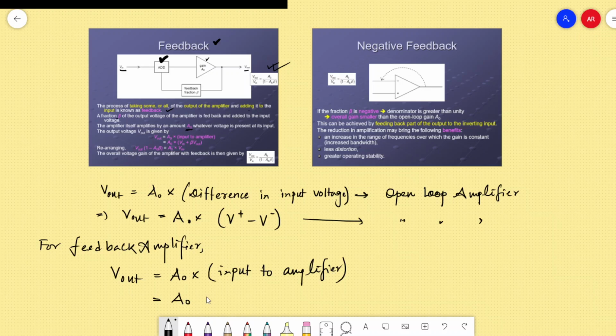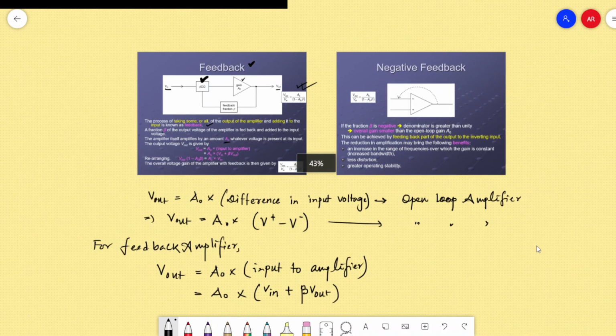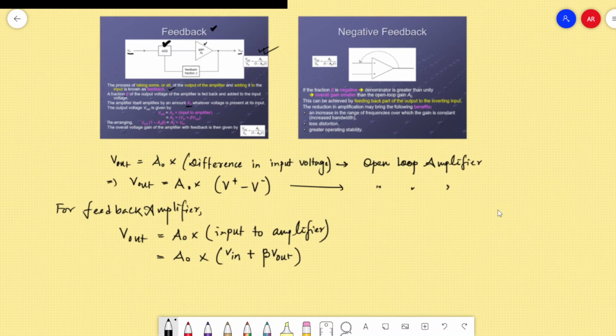Now, A naught is the gain, and the total input is the input itself plus any fraction of the output voltage. The fraction of the output voltage is denoted by beta, which is fed back to the input terminal in the adding unit. So this is beta V out.